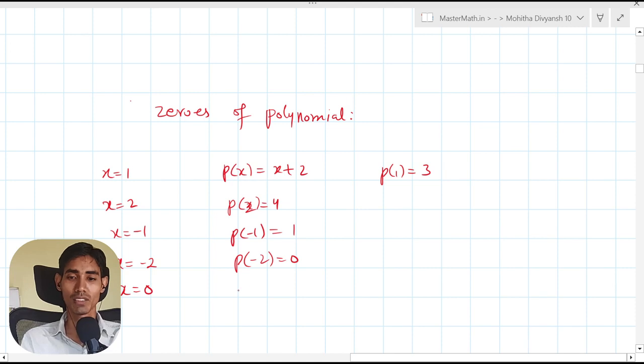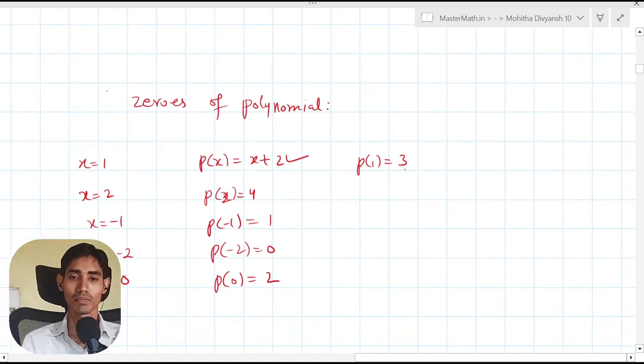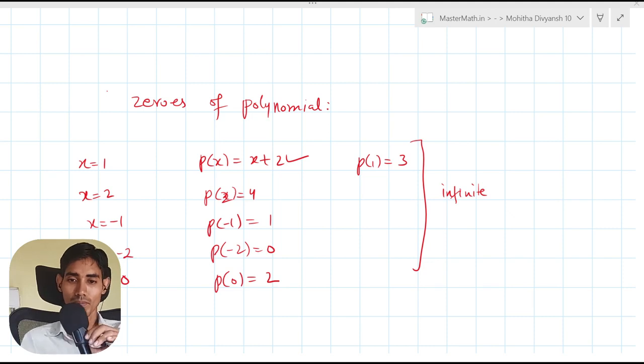For x being 0? 2. Okay. So, how many values of a polynomial can we have? Infinite. Yes, we can have infinite x values, so infinite values of the polynomial.